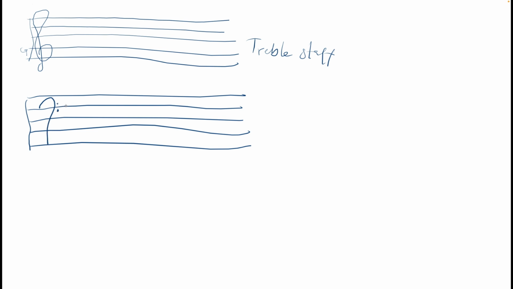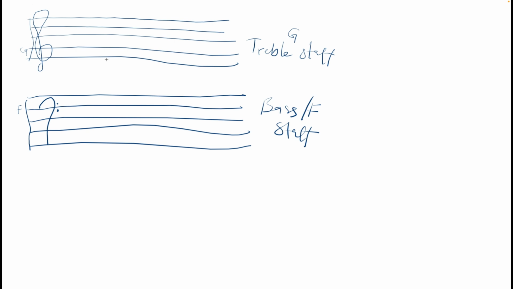The line that is holding the 2 dots is F. And that's why some of the time we call this one treble or G staff, while we call this one bass or F staff. The reason why we call it F staff is because the 2 dots that are holding over here are what we refer to as our F line.